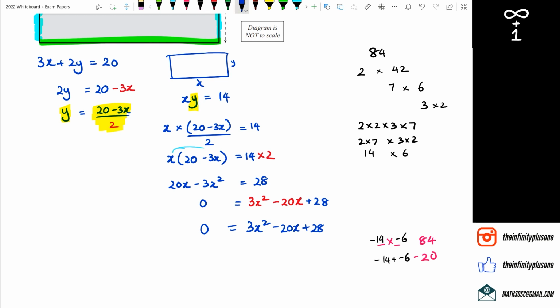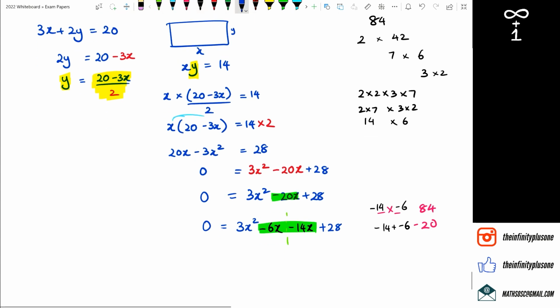So we've got 3x squared. I am going to put in minus 6x minus 14x plus 28. The 28 I'm going to put in blue so you guys can see where the negative 20x dissipated into. Okay, so we're going to split this up into parts and factorize the first two elements.